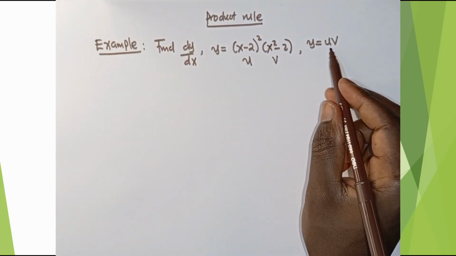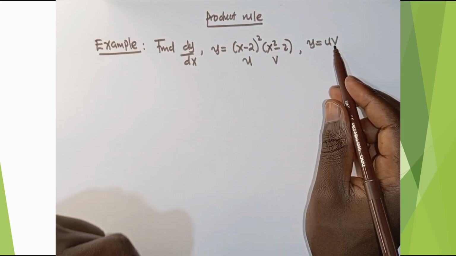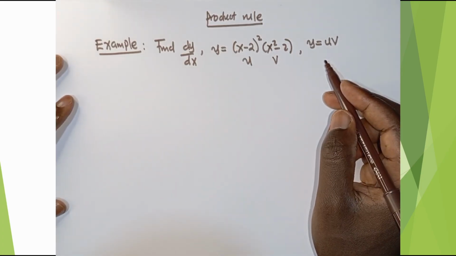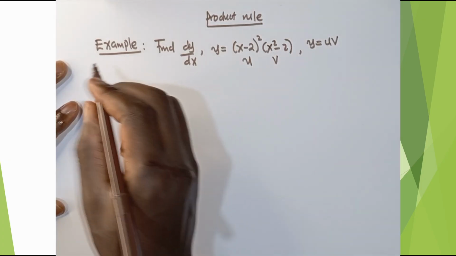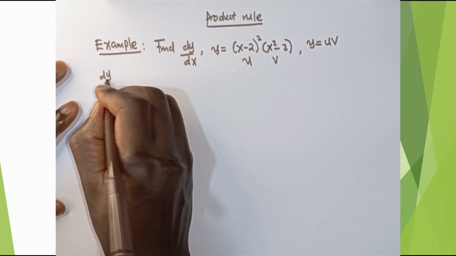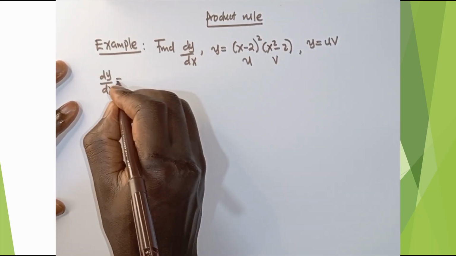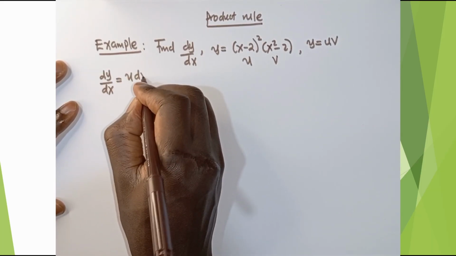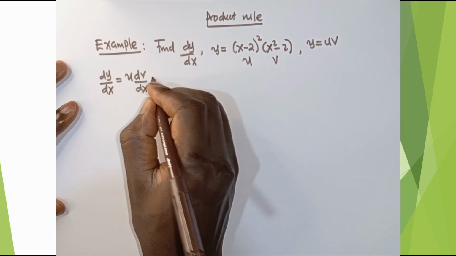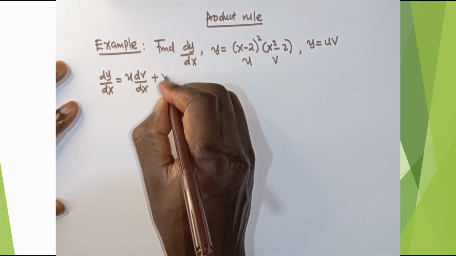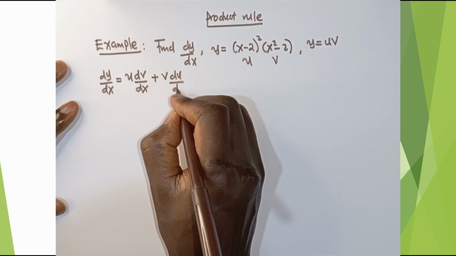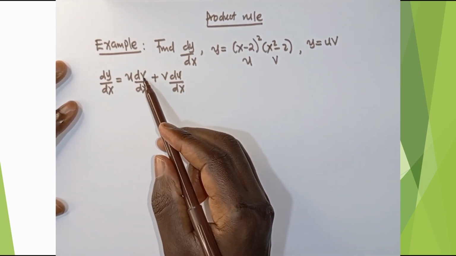So the first one is u, and the next one is v. So the next thing we state the product rule. Product rule tells us that dy by dx is u dv dx plus v du dx.